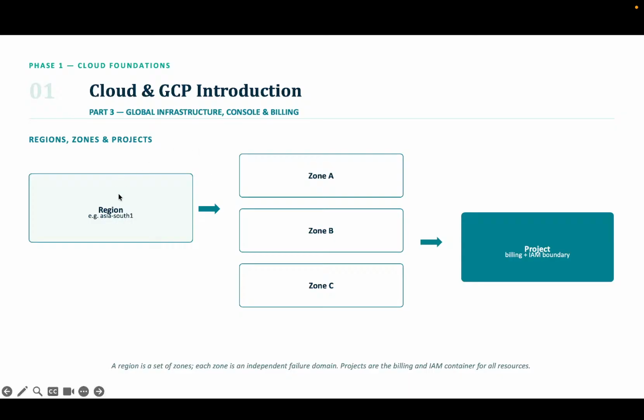One important thing is that you need to choose the zones. If you're deploying a compute engine, you may have to choose a zone. If you select a region, it automatically selects a zone. But let's say you have an application which needs to be deployed on more than one server.